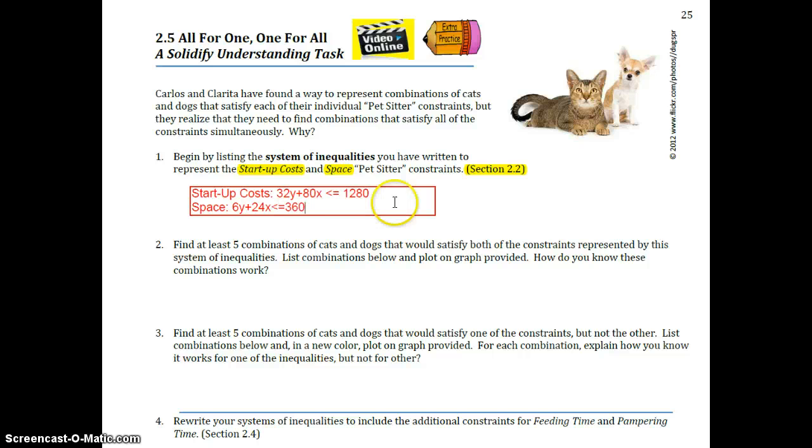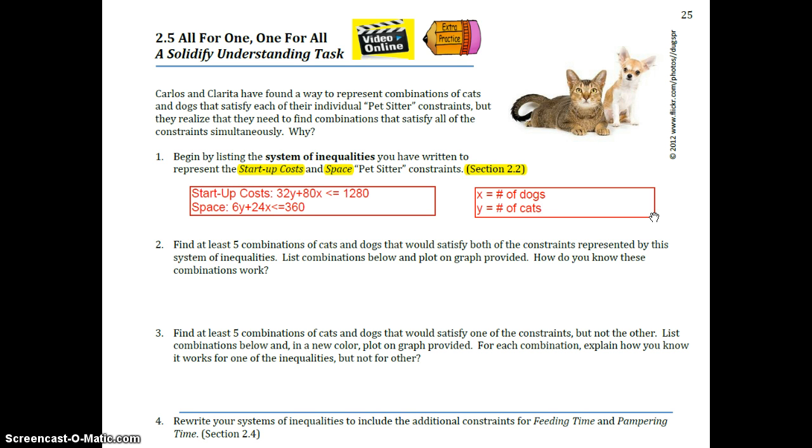If you want to know where those come from, please go back to section 2.2, because you wrote both of those there. One was written on problem 7 and one on problem 8, and you have graphs of both of those as well. I'd also like to remind you that x equals our number of dogs and y equals our number of cats.